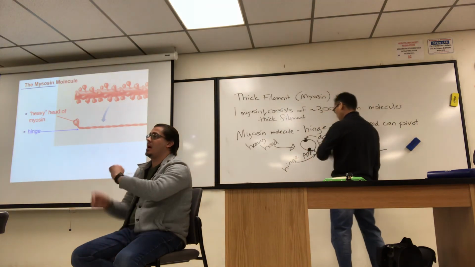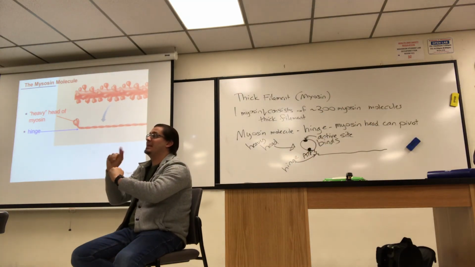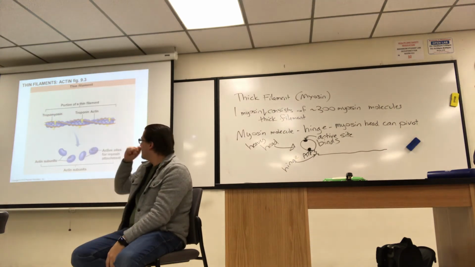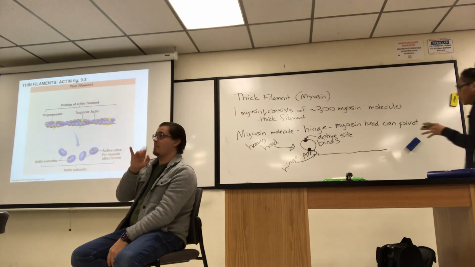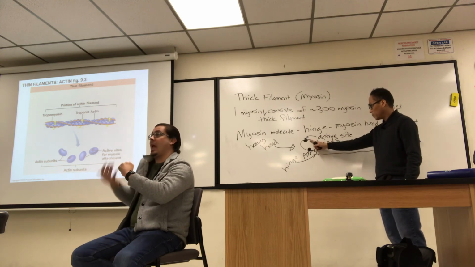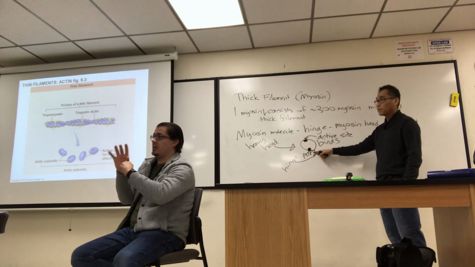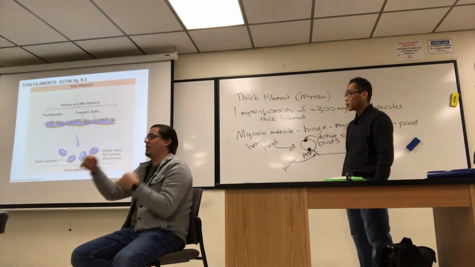That's usually what we see there. All right, so that's the thick filament. There is one myosin molecule with a heavy head that can pivot at the hinge joint. It has a place where you can bind the active site. It has a place where you can have ATP. Okay. So the thin filament, what it interacts with, is shown here.